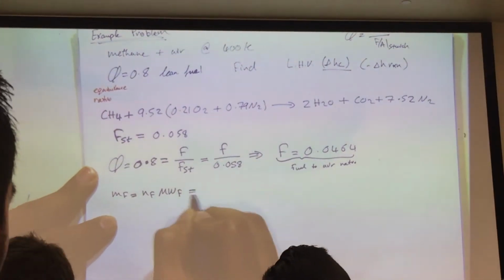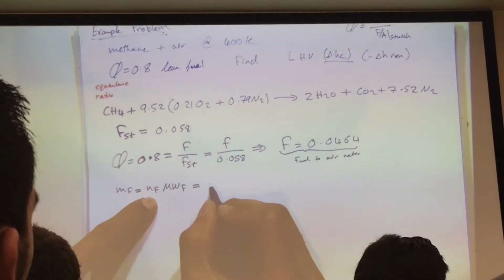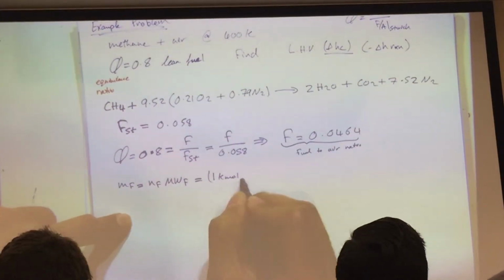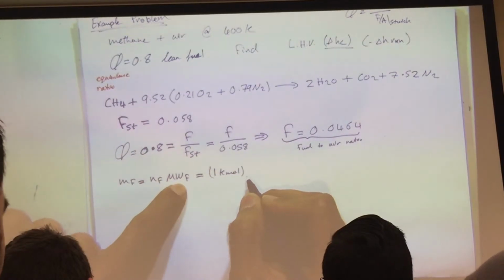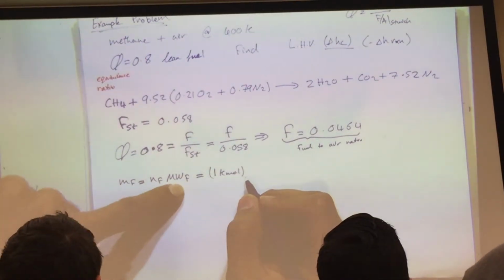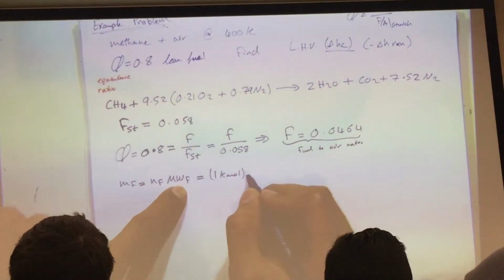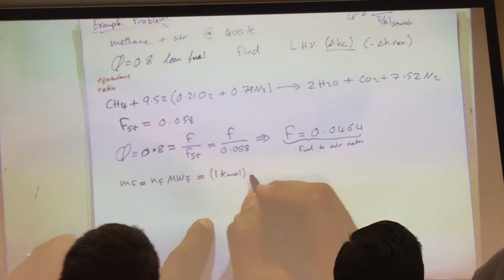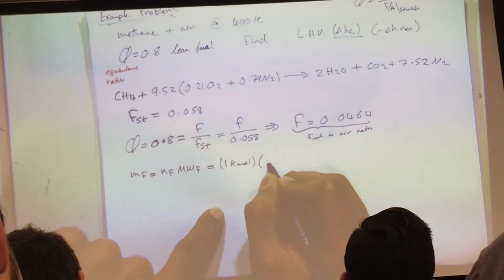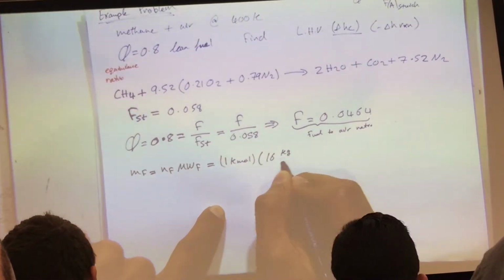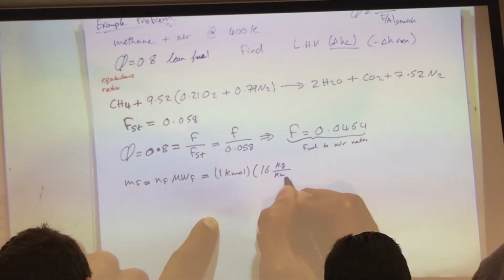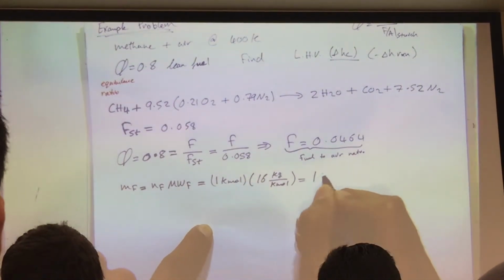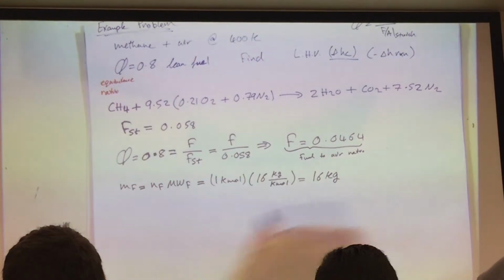I'm going to use 1 kilomole of fuel multiplied by the molar mass of fuel. The molar mass of fuel is 12 for carbon plus 4 will give me 16, so 16 kilograms per kilomole. It's going to give me 16 kilograms of fuel that I'm going to use.